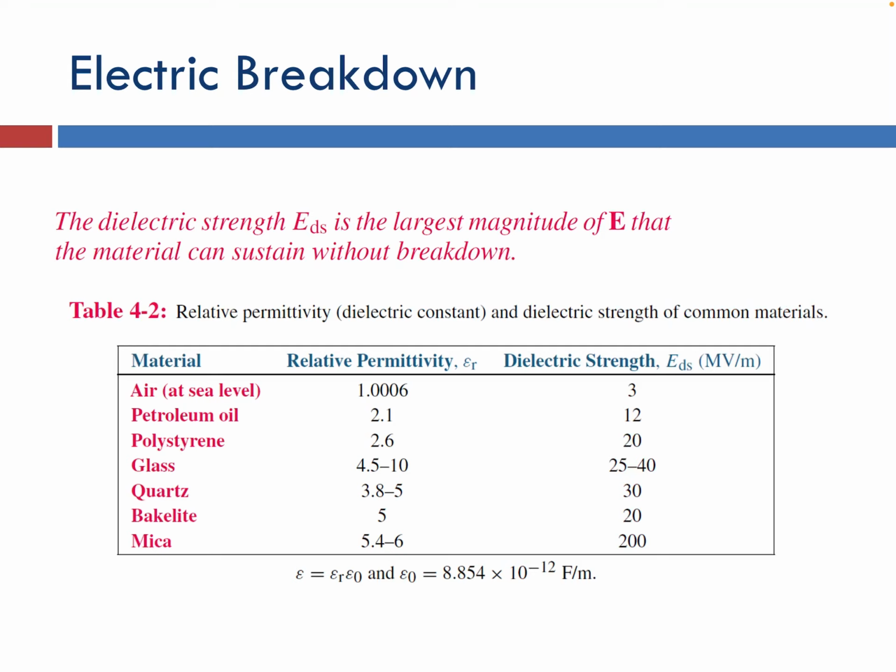And here we have examples of this dielectric strength for some common materials, from air, which differs from vacuum just by a tiny bit, but it's sufficient to have a different breakdown field.